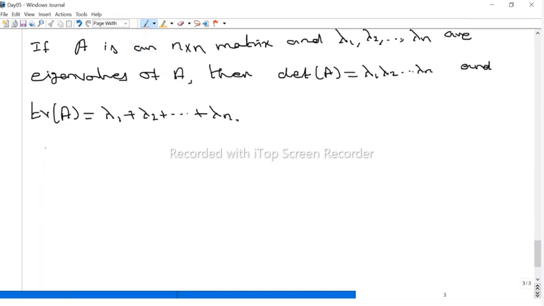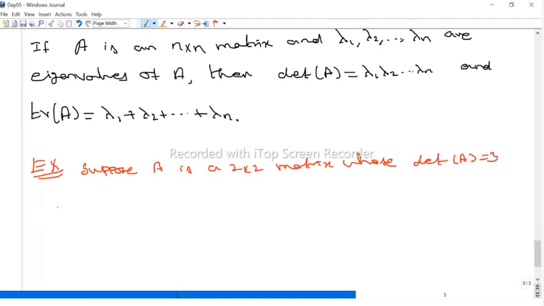For example, suppose A is a 2 by 2 matrix whose determinant is 3 and whose trace is 2. It is given. Write down the characteristic polynomial.